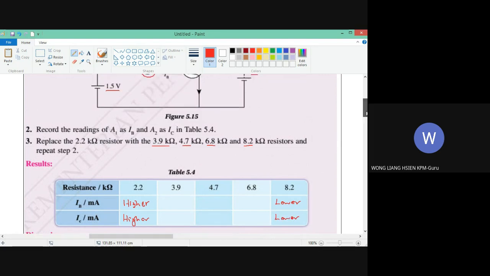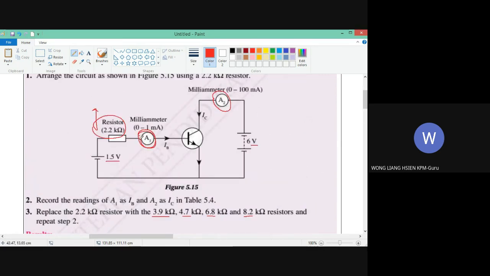So when the base current becomes smaller, the collector current also becomes smaller. Because when the base current is high, the amount of charge carriers that can pass through the transistor increases, the resistance of the transistor decreases, so the collector current increases, and the reading of the ammeter will increase.